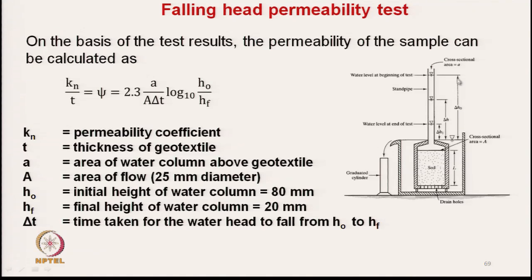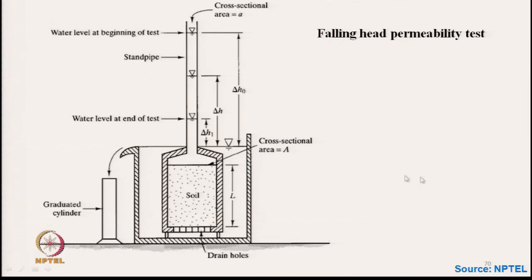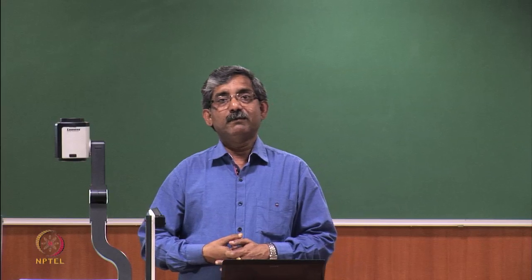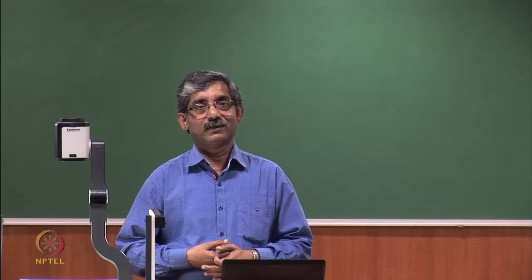Between these heights the time delta T is recorded, and T is the thickness of the geotextile. So, we can calculate the permeability of the geotextile also. This is the method. Next method is in plane permeability test.